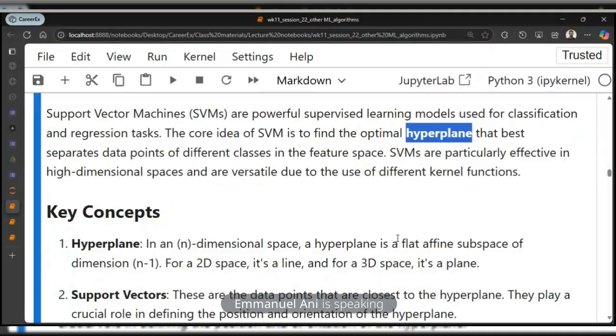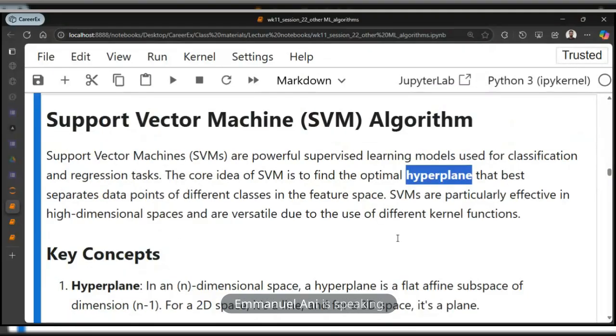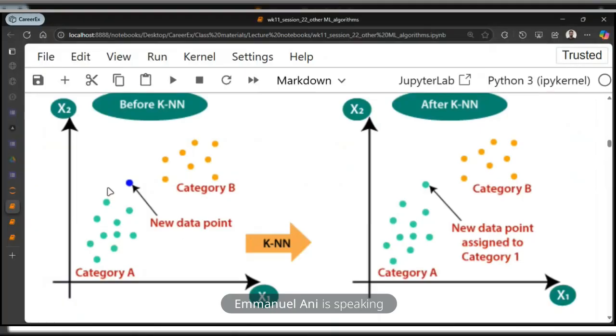In this case, where we have this particular chart, this is our feature space. So don't allow all this thing I'm saying to confuse you. They're just technical terms for simple stuff. They sound complex, but they actually are trying to explain a simple concept. A feature space is where all your features are being represented or projected.